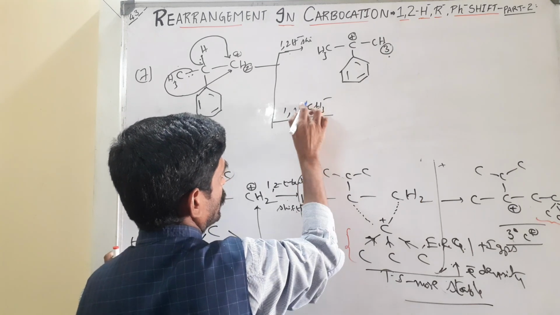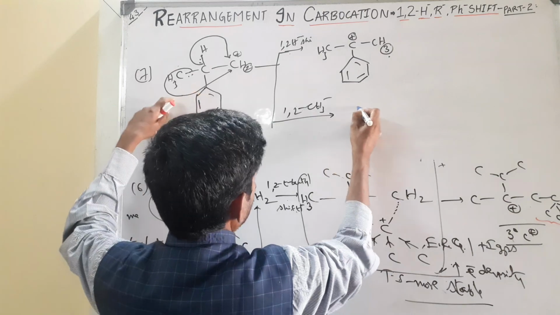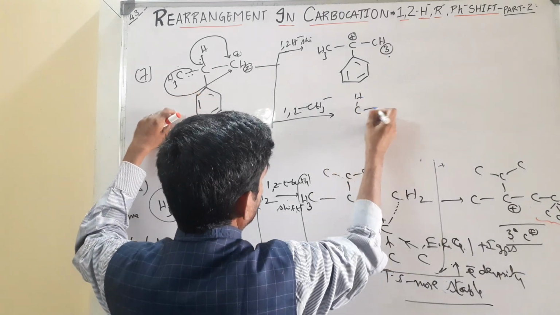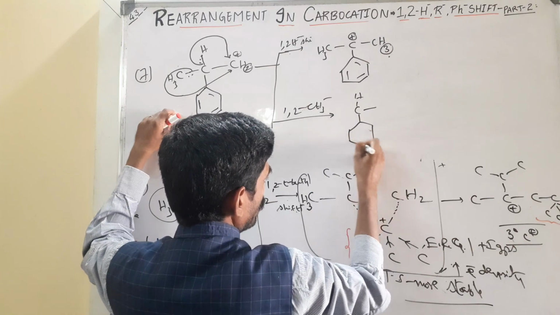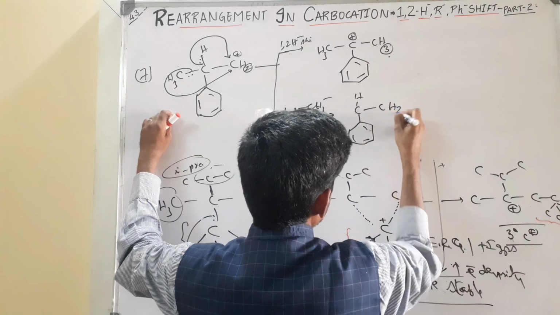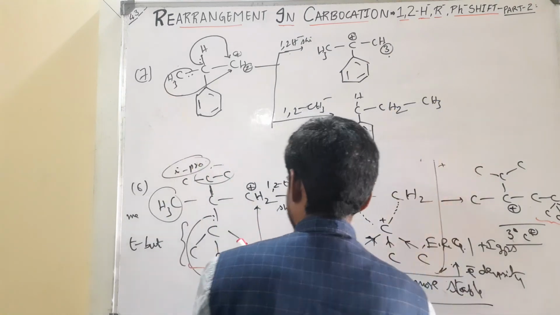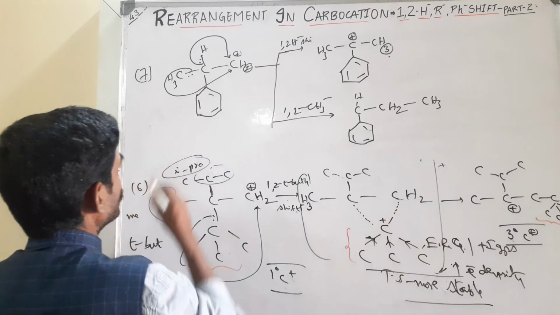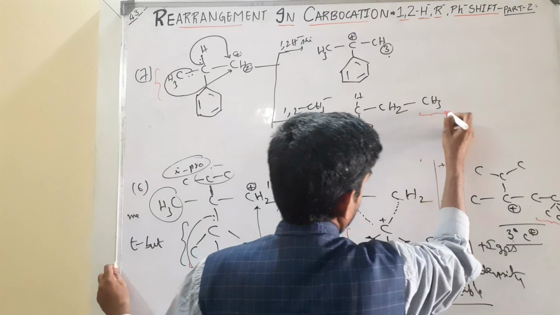So because of that, what will you get? Here is carbon, here hydrogen is there, and here the phenyl group is bonded, and here CH2, to which the methyl group is shifted, that is CH3. Is it correct?